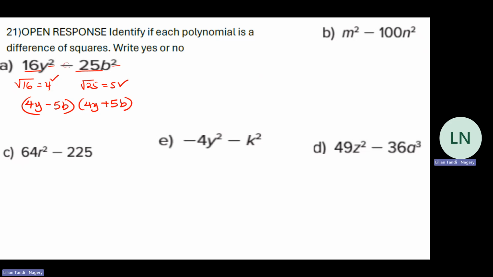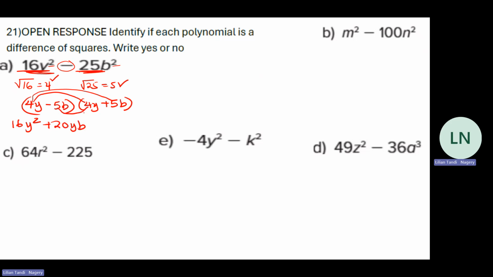When this is a minus and you have perfect squares, you are literally multiplying one bracket with a minus and one bracket with a plus, but your values are the same. Now let us check. What is 4y times 4y? 16y squared. What is 4y times 5b? Positive 20yb.